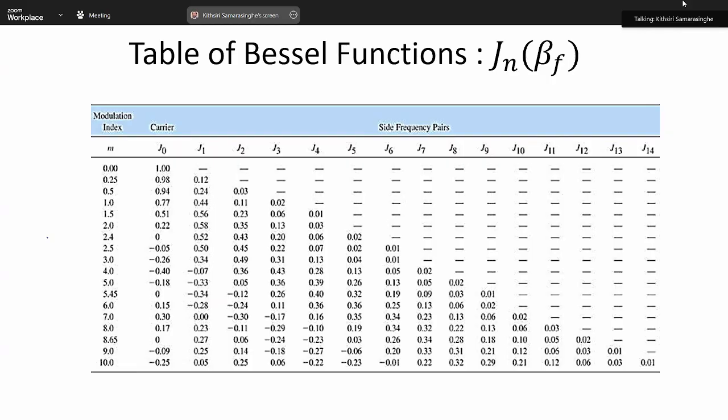The easy method is to use the chart like this. The betas, your modulation index values, are here, and J0, J1, J2 values are directly read in the columns. For example, for a given value of beta, like a modulation index of 5, you can just read along this line, and each amplitude will be available.